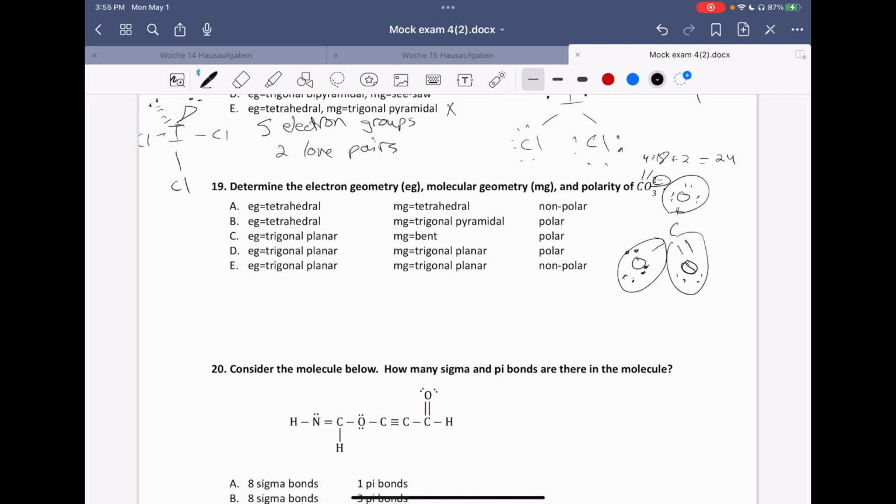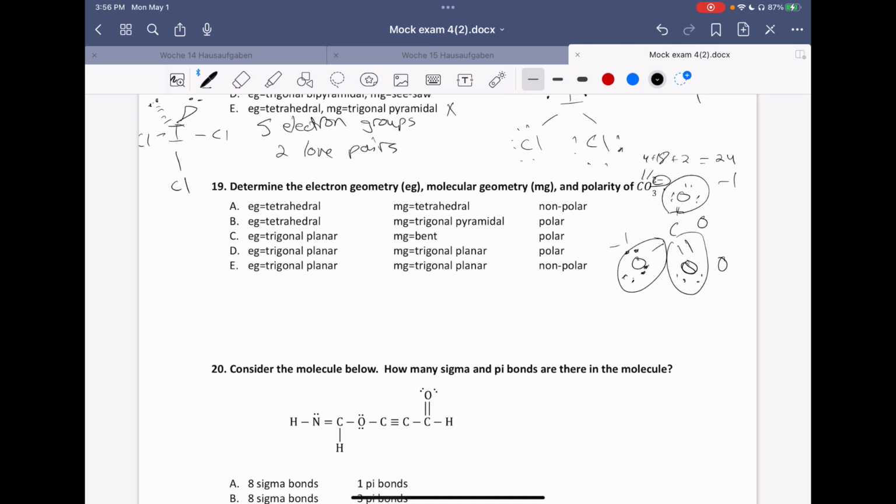And we can even count formal charges to evaluate this further. So on carbon, it's going to be 0. On this oxygen, it's going to be 0. On this oxygen, it's going to be -1. Same for this one, and that adds up to the same value as the charge, which is -2. So we know this works.